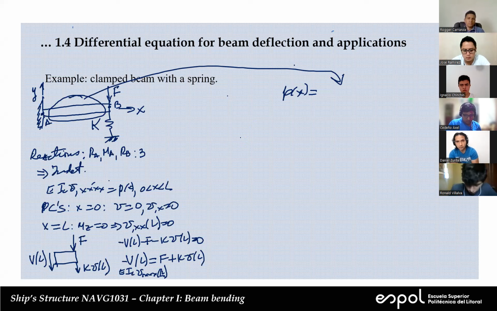I know that you feel afraid, but say it. What is P of x? Mr. Vasquez, what's P of x? P of x is going to be delta minus 0. Yeah, but what's the force that you have inside the domain? No, we don't have any forces. It's going to be 0. So exactly.